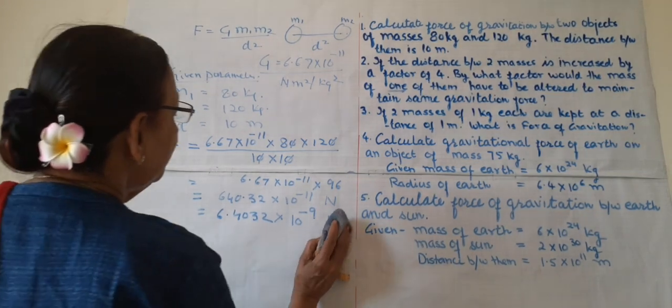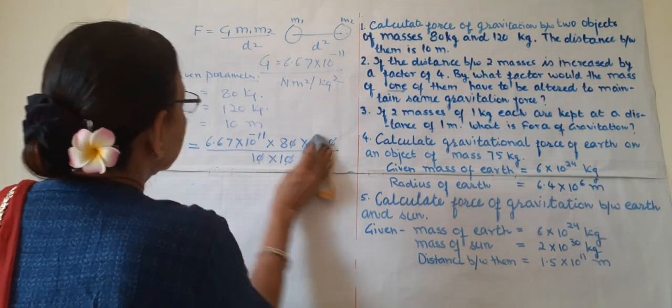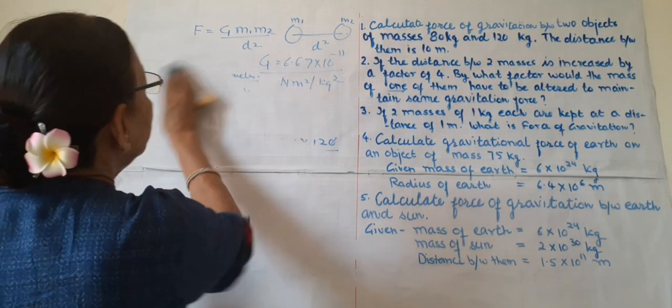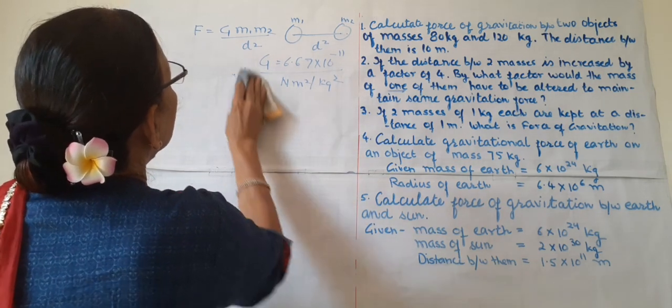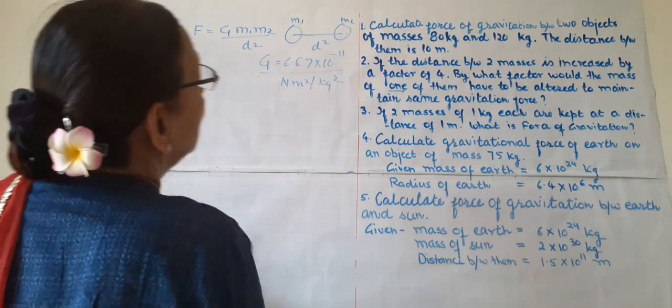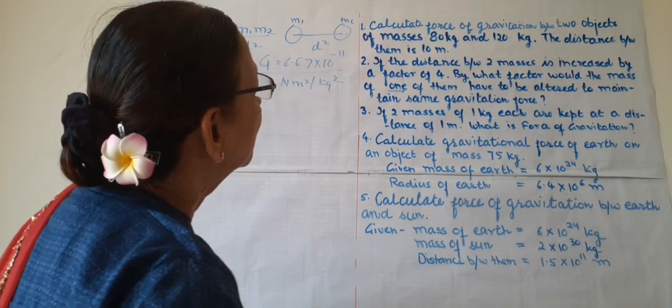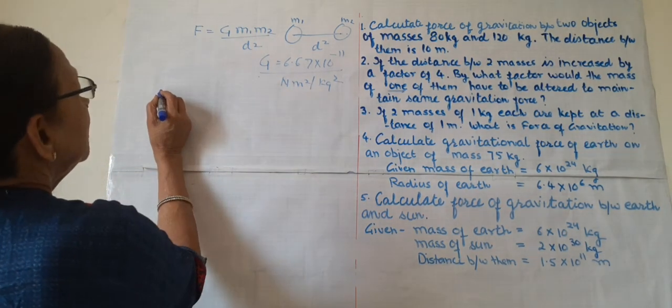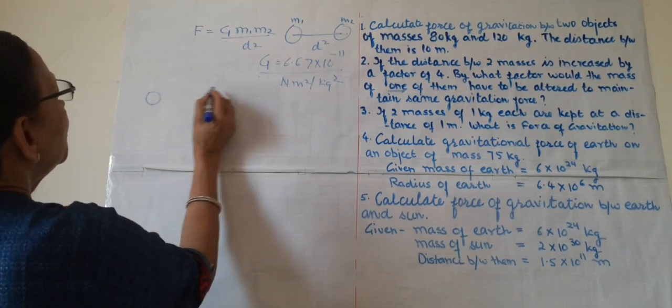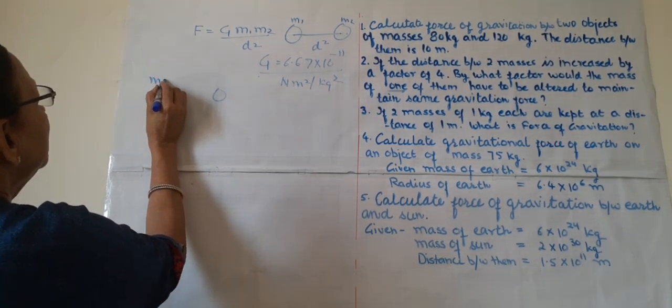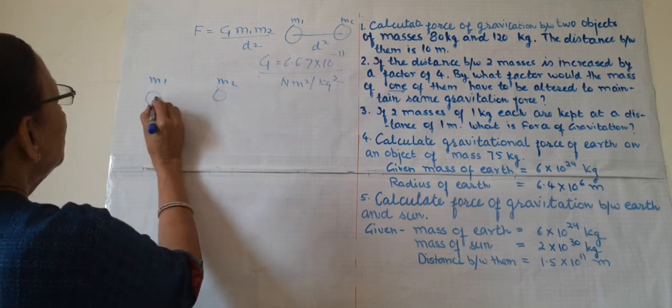Now the second. What is given? Read it out. If the distance between two masses is increased by a factor of 4. Suppose these are two masses, this is m1 and this is m2.